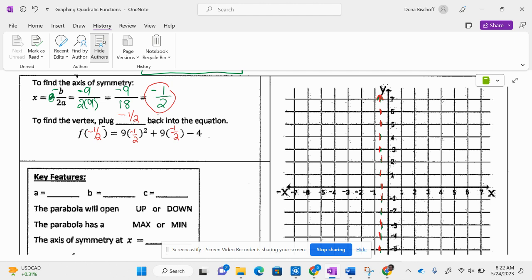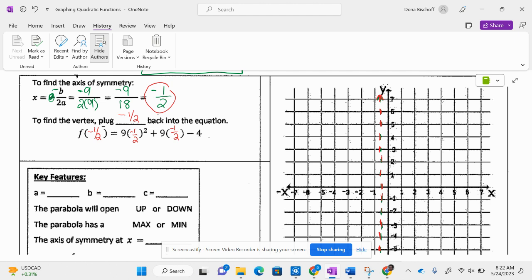It's right above the divide sign. Did you find it? Yeah.